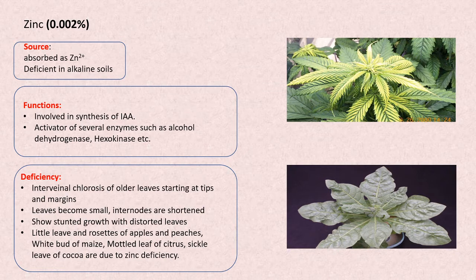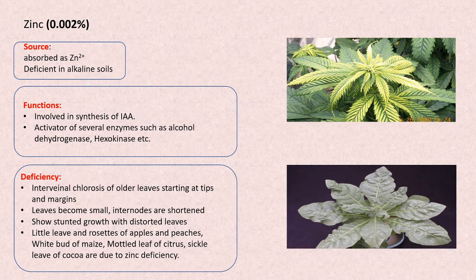Okay. Some of the common disease symptoms caused by the deficiency of zinc are little leaf disease, for example, little leaf and rosettes of apples and peaches. White bud of maize is a zinc deficiency in maize, and it is characterized by stunted growth. Reduced flowering and fruiting is also observed.